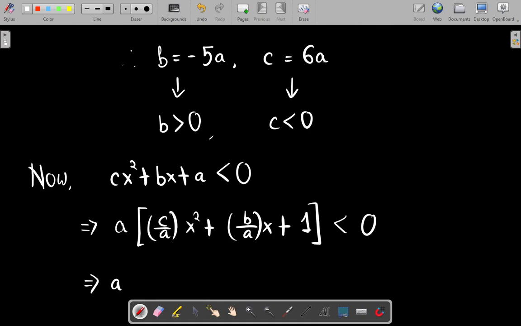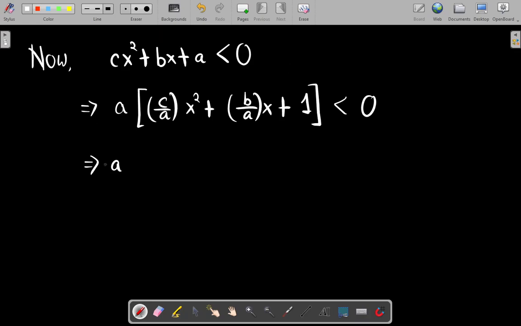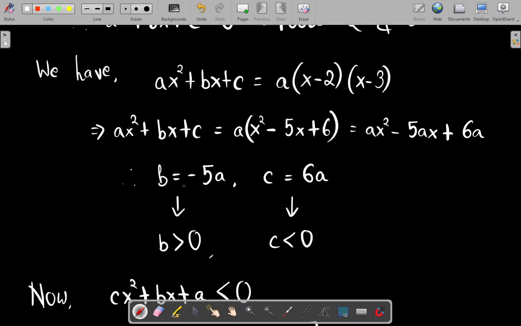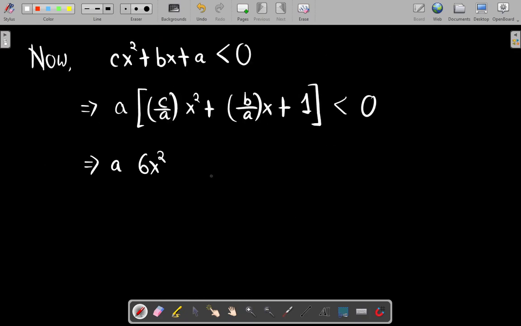So c upon a will become 6. So this becomes 6x square. Similarly, b upon a will become minus 5, right? So this becomes a times minus 5x plus 1 is less than 0.